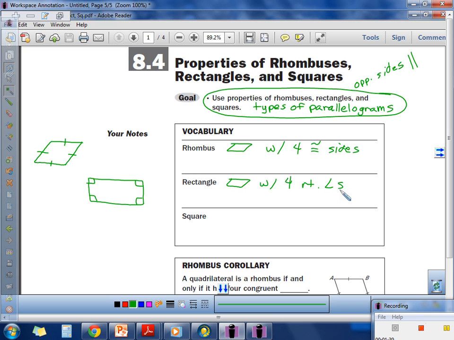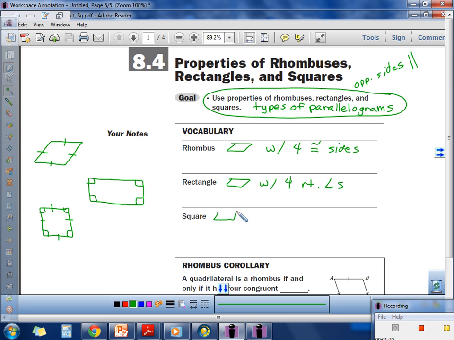After that, we have a square. What property should we remember about a square? 4 congruent sides and 4 right angles.